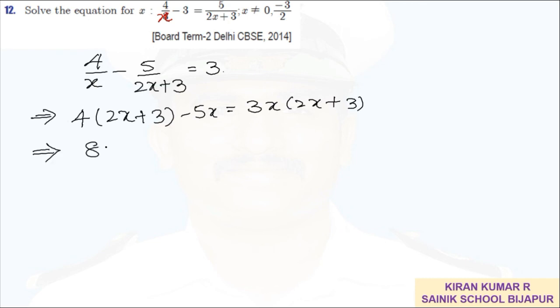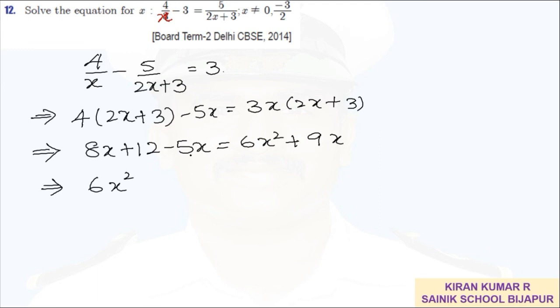Further it becomes 8x plus 4 3s are 12 minus 5x equal to 3x multiplied to 2x is 6x square, 3x multiplied to 3 is positive 9x. So 6x square, this will be 3x.